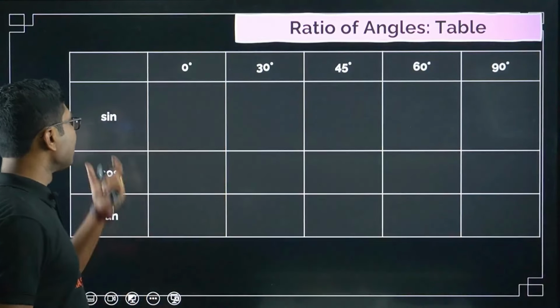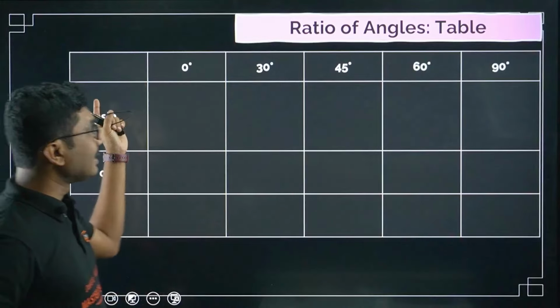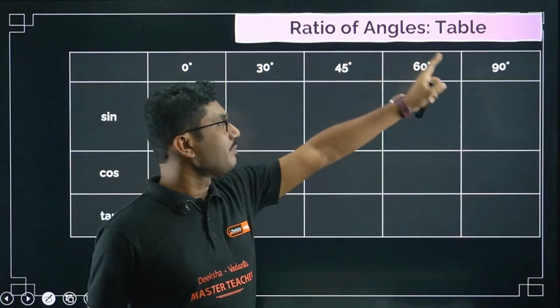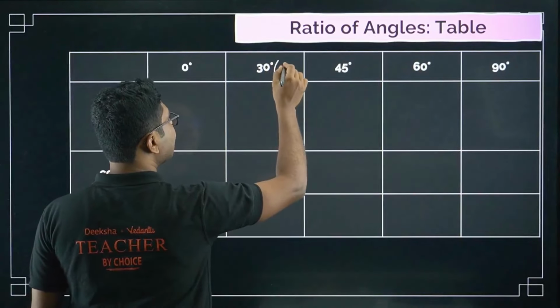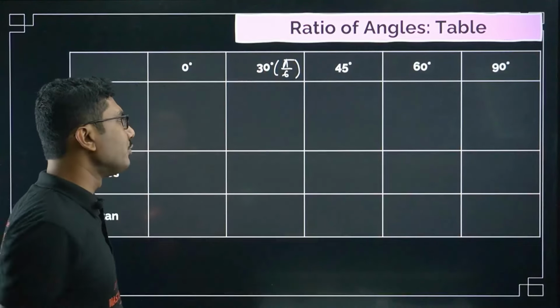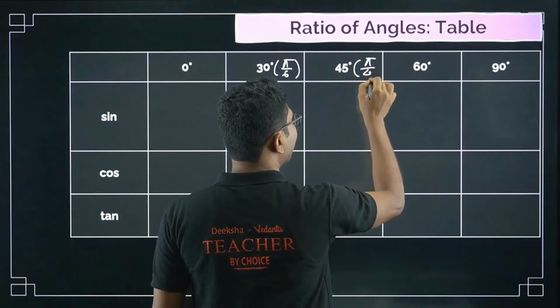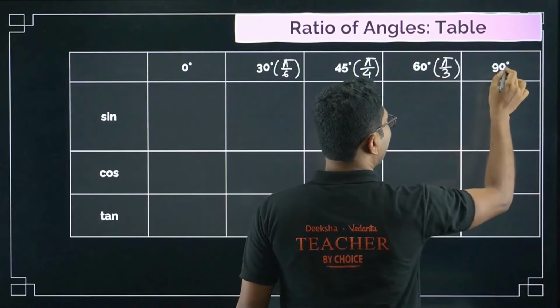So first we will start with sine, and the angles are 0, 30, 45, 60 and 90. Sometimes we say pi by 6, pi by 4, pi by 3 and pi by 2.